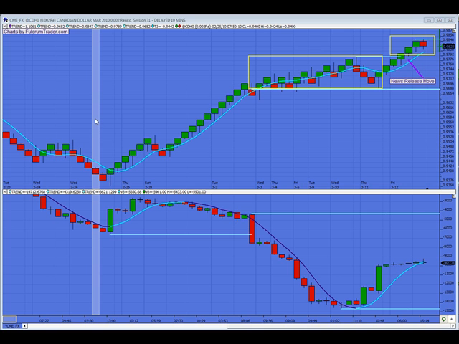So what I'm going to show here today is how I track longer term instruments for potential trade setups, like this Canadian dollar, which has had a very extended multi-month rally.